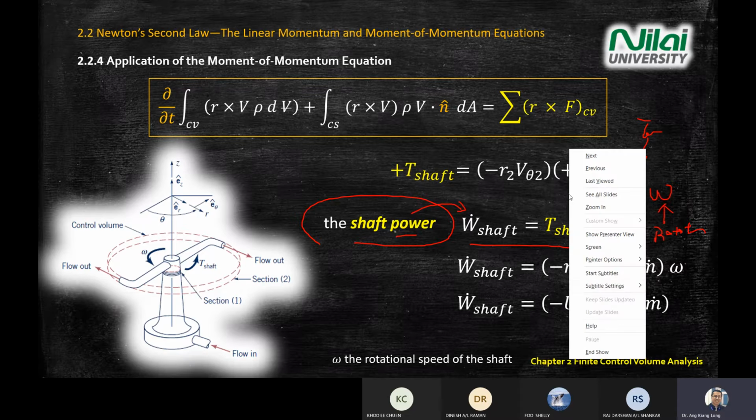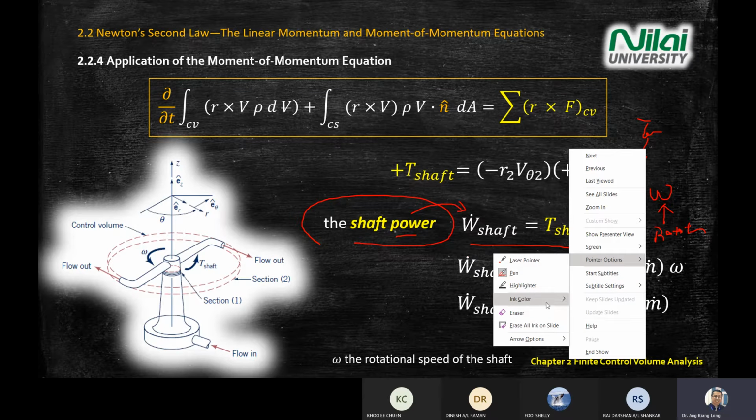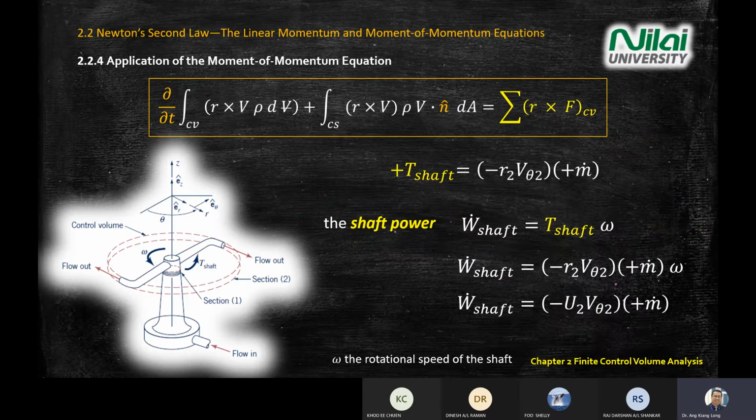I'm going to go a bit slow because something is added to the equation now. As you can see here, what is happening? Suddenly you have a U2 here. How do you get U2? If you compare side by side, you take R2 times omega, you get U2. R is the arm times omega, you get the U component.